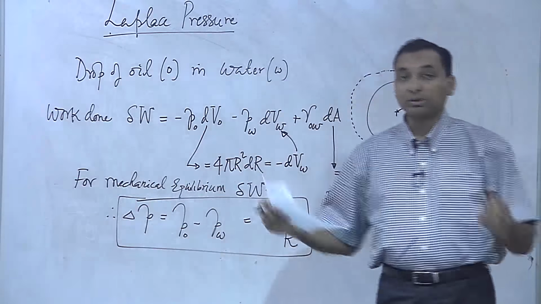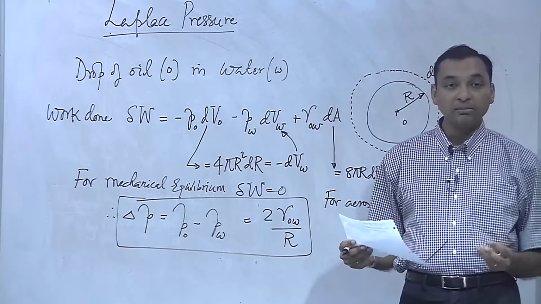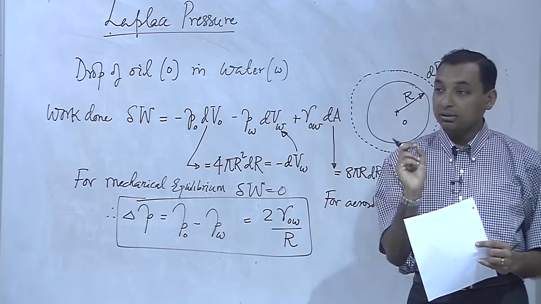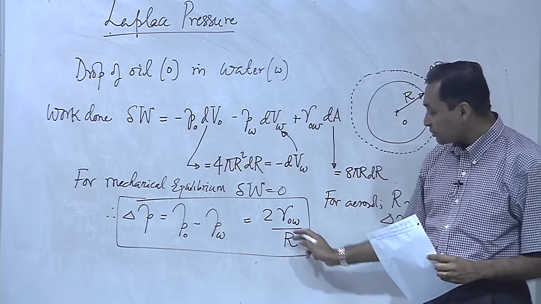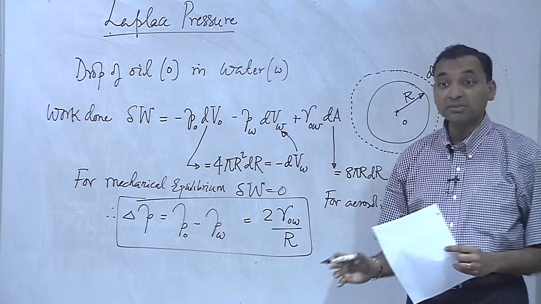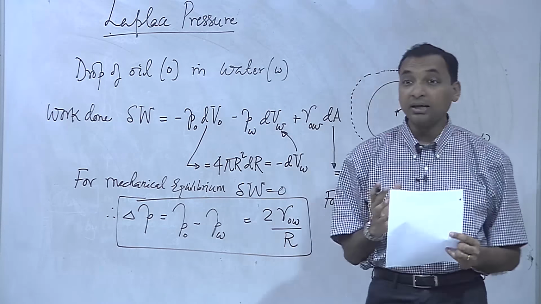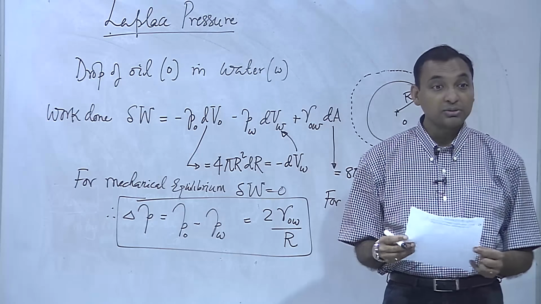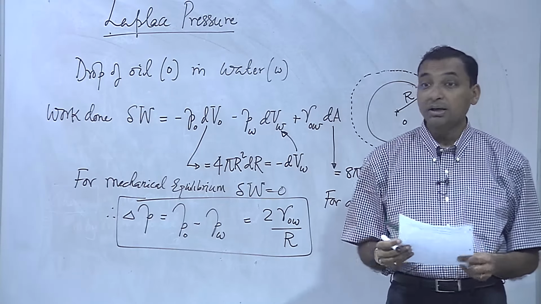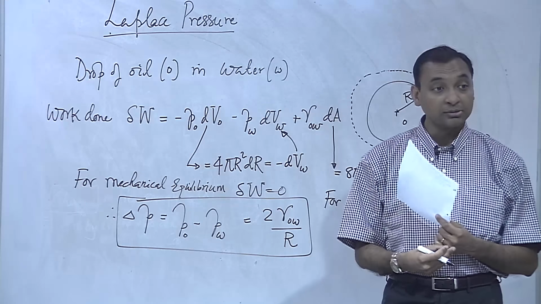So in an emulsion, this is the amazing part. The smaller drop, if R is small, the Laplace pressure is so large that it disappears compared to the larger drop. Okay.